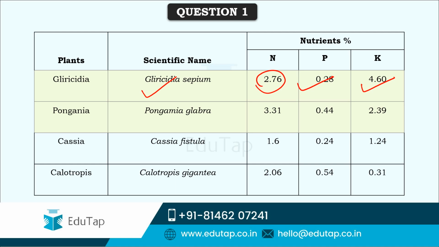Similarly, Pongamia glabra has 3.31, 0.44 and 2.39 of nitrogen, phosphorus and potassium respectively. And similarly, Cassia and Calotropis have their own nutrients present, and these can be used as green leaf manuring.